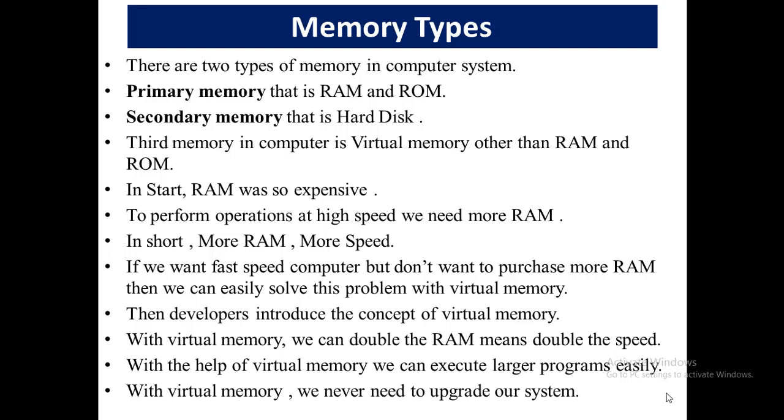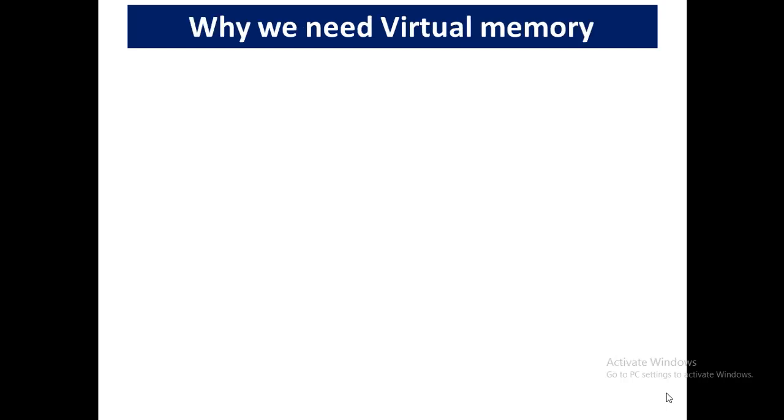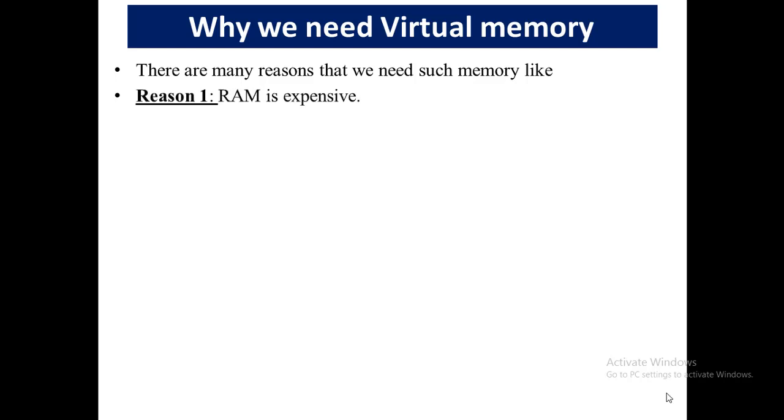So first, we need to know why we need virtual memory. What was the purpose? What caused the need for the third memory, that is virtual memory? There are many reasons that we need such memory. The first reason was that RAM is expensive.